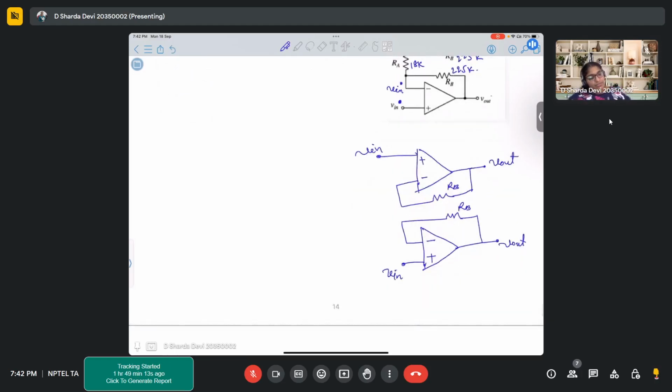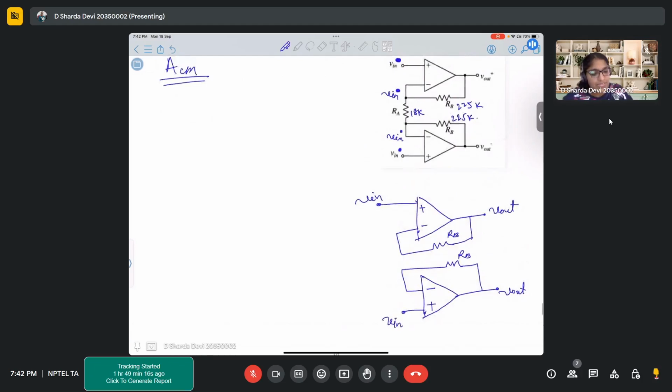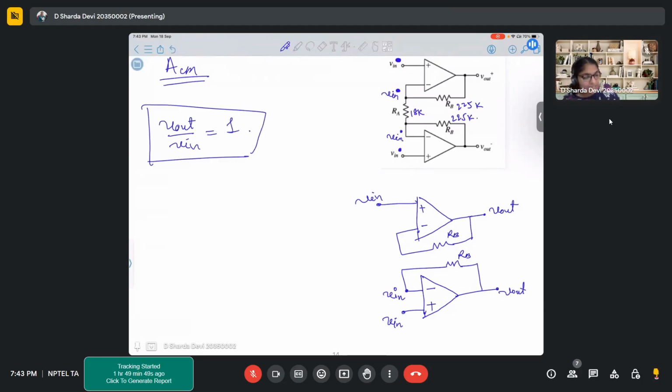So if you observe very carefully, here what has happened, across RA both the potentials are equal, so no current will flow through RA. So it is ideally behaving as an open circuit. If there is an open circuit, there won't be any current flowing through it, right? So because of that, you observe very carefully, they actually start behaving as a buffer. So here V out by Vn is 1. Is it clear to everyone?